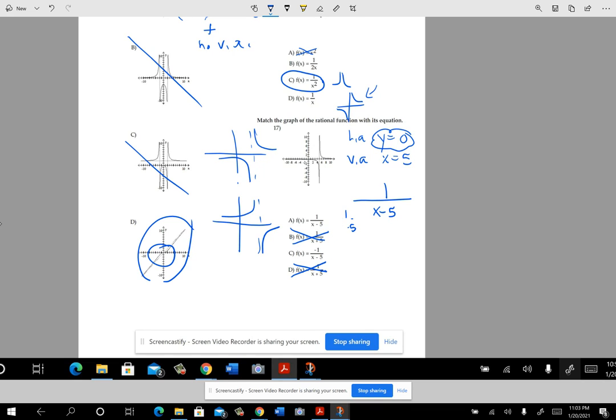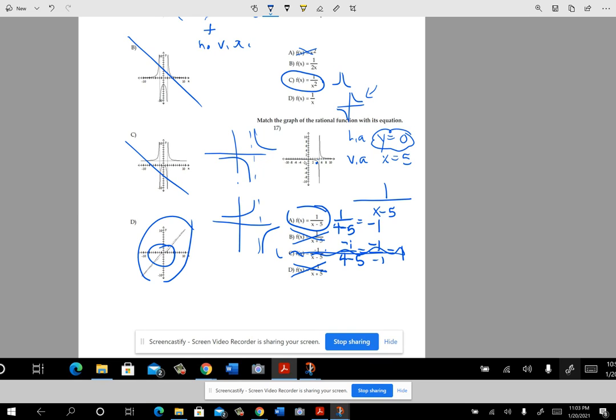Okay, if you plug in a 4, you'd have 1 over 4 minus 5. That would be 1 over negative 1, which would be negative 1. But if you plug in a 4 on this guy, you'd have negative 1 over 4 minus 5, which would be negative 1 over negative 1, which would be positive. But see how when you plug in a 4, you have to be in the negative area of the graph? So that allows me to eliminate that one.